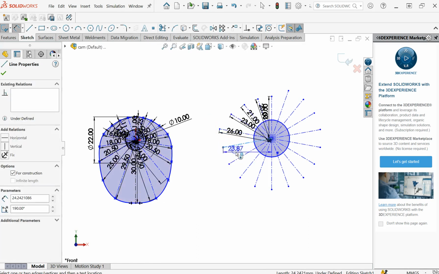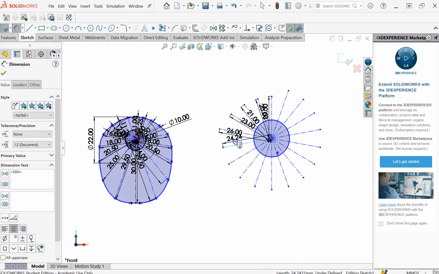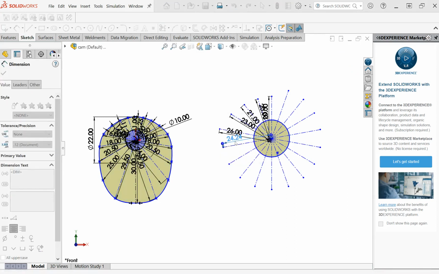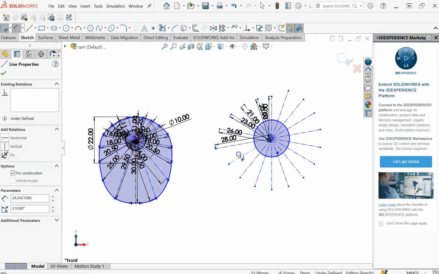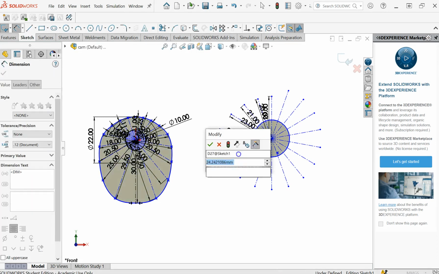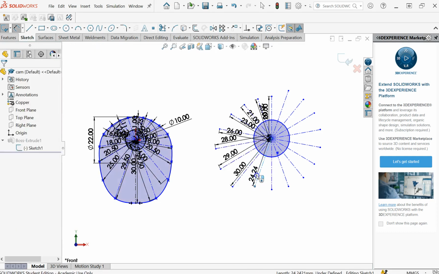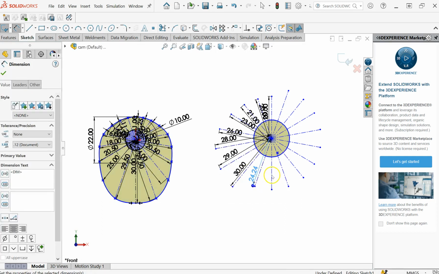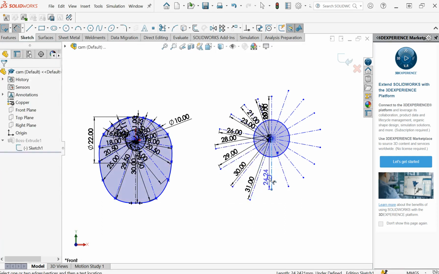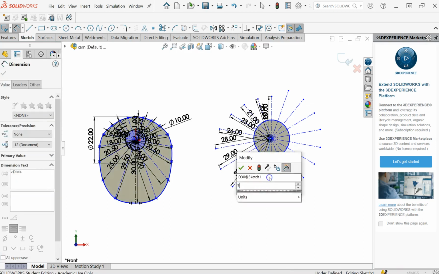You have to make sure it's a radial distance. Maybe 28, 29, and 30. And this one might be 31, and this one also 31. So something like this.